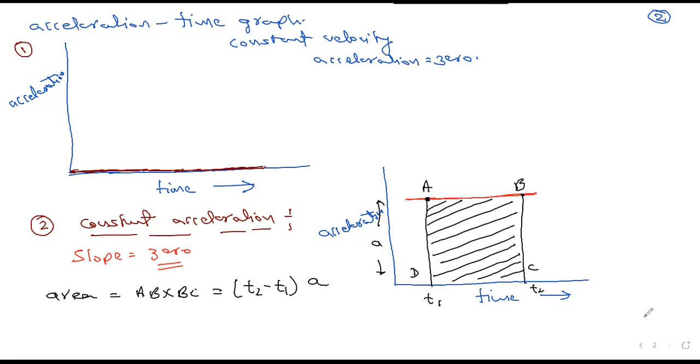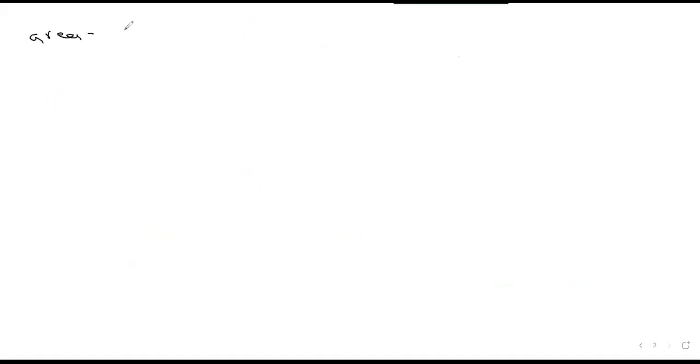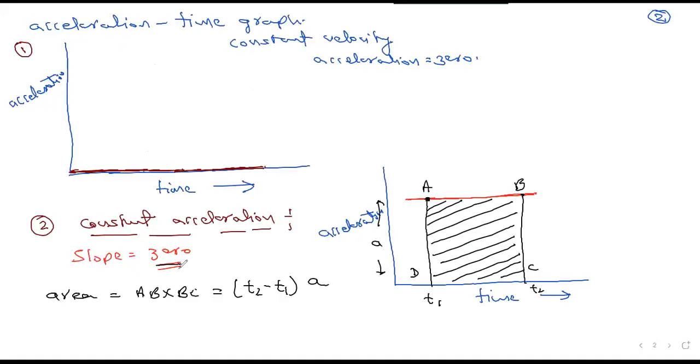When you put the units, this is second, this is meter per second square. It means you are getting meter per second, so this is velocity. As I said, in the acceleration time graph, if you calculate the area, you get the velocity. And you can see in this situation, the slope is 0. Am I clear in my words?